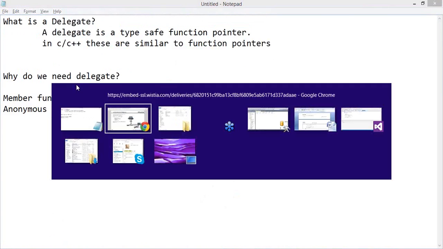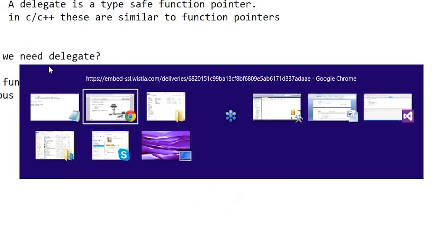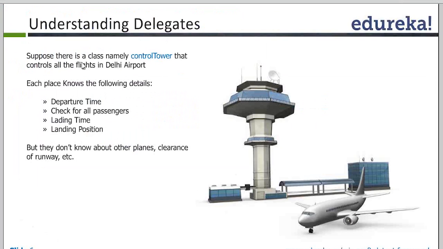Now there is some theory. Suppose there is a class named control tower that controls the flights in Delhi airport. Each place knows the following: departure time, checking all the passengers, landing time, landing position, etc. Now all these 4 manipulations are to be done.